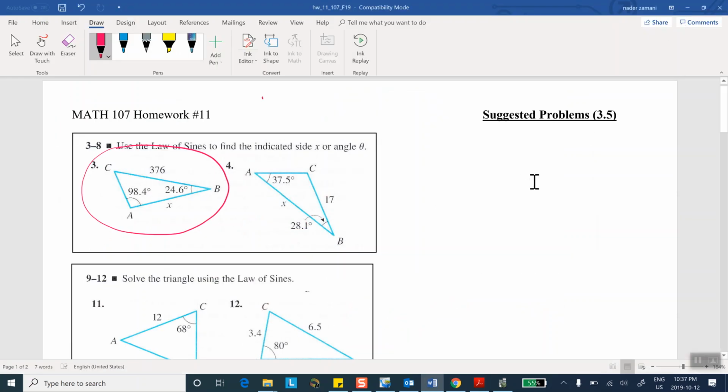So let's see now. What is this angle? This angle is going to be 180 minus 98.4 plus 24.6. So this is 180 minus the sum of these two.